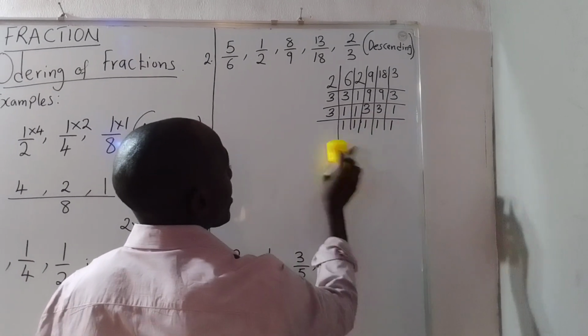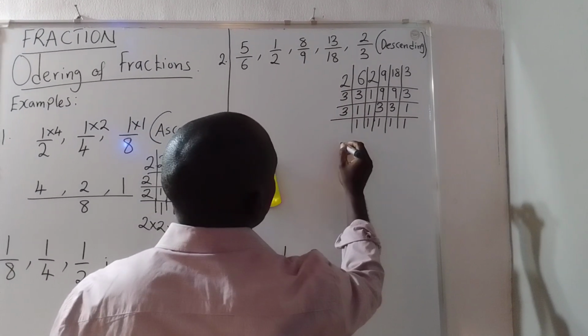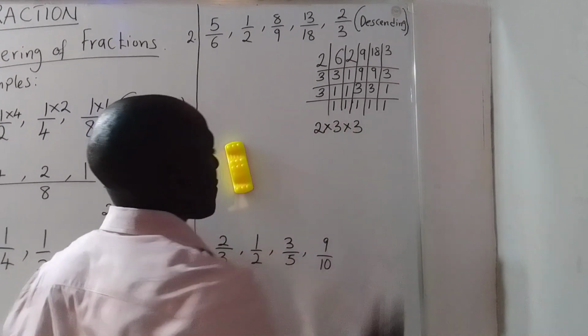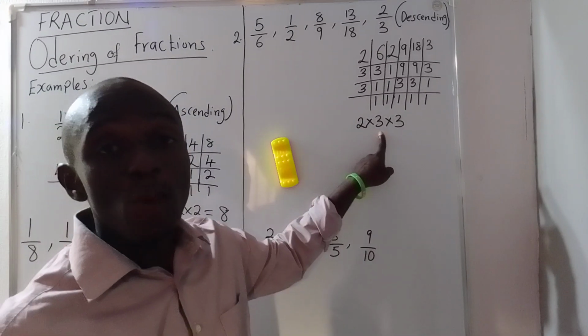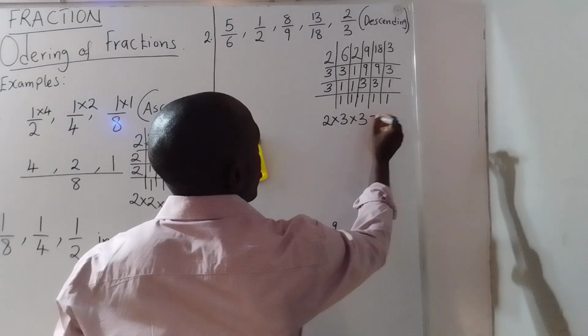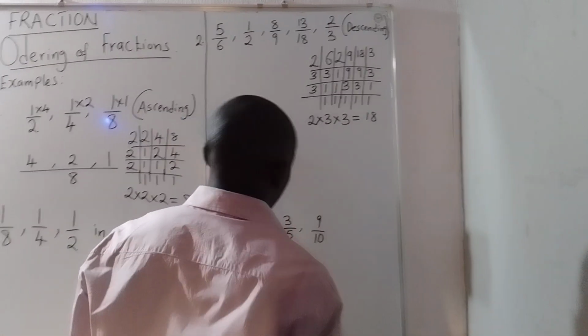We bring down our 1. So our LCM is 2 multiplied by 3 multiplied by 3. 2 multiplied by 3 will give us 6, and 6 multiplied by 3 will give us 18. So our answer is 18.